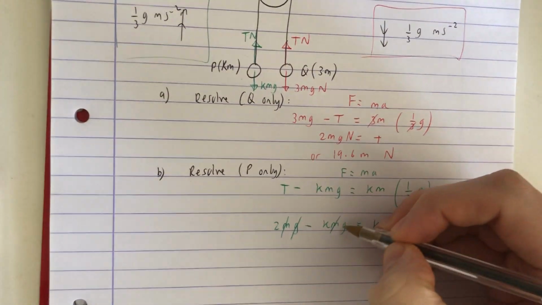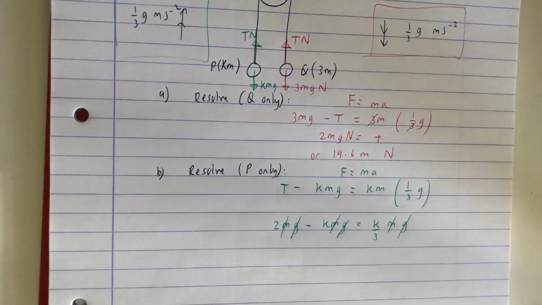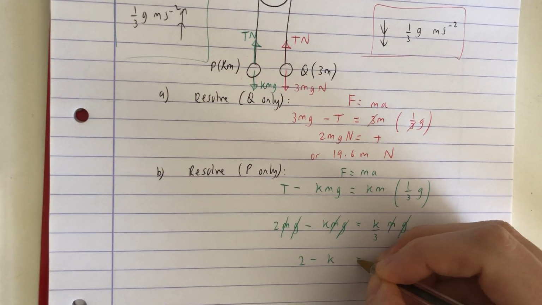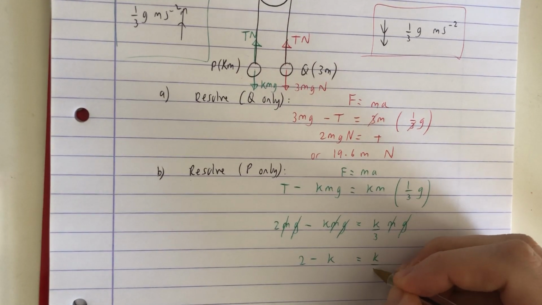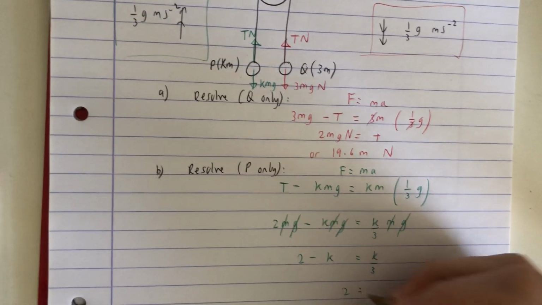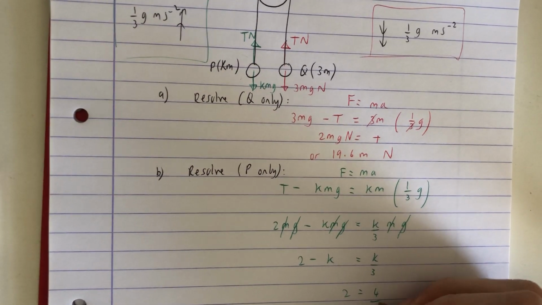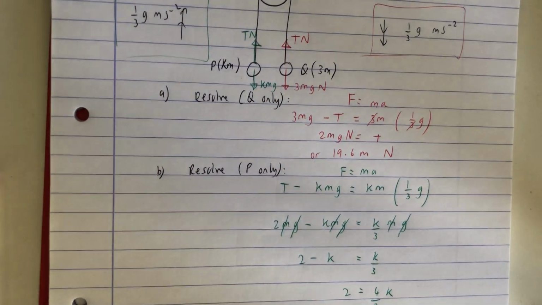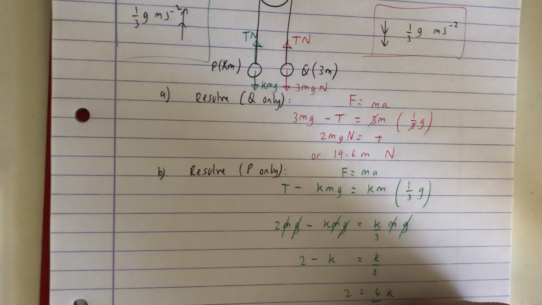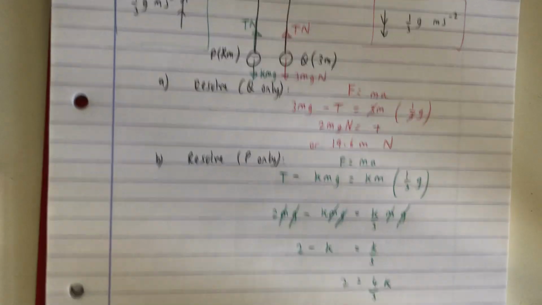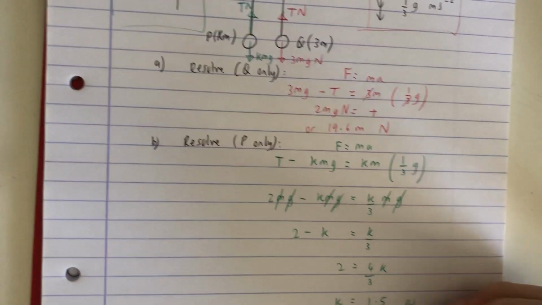There's a g common to everything, cancel out the g's, and you're left with 2 subtract k equals k over 3, or 2 is equal to, add k, 4/3 k, to give you k is equal to, times by 3 divided by 4, which is 1.5, as required.